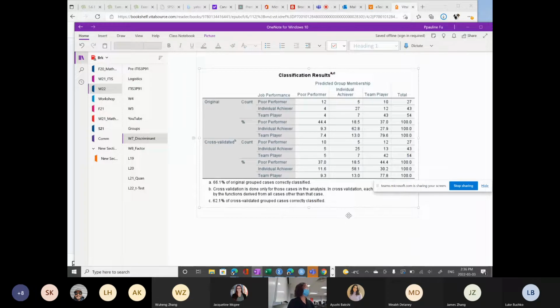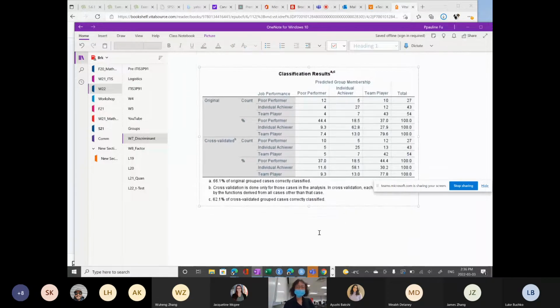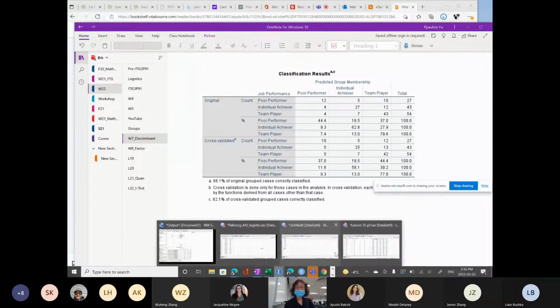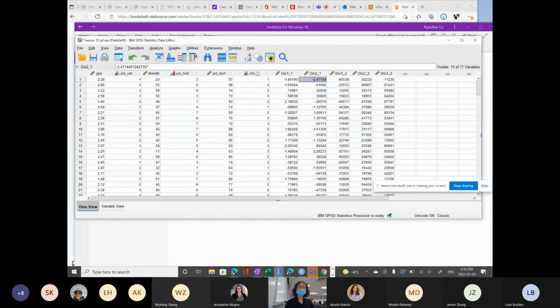Remember at the beginning of our data analysis, if we check our original data, we said the first person would belong to group 1, the second person belongs to group 3, the next person group 3, the fifth person group 2, the sixth person group 1, etc. Okay, those are our predictions.